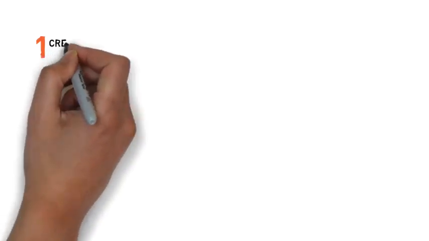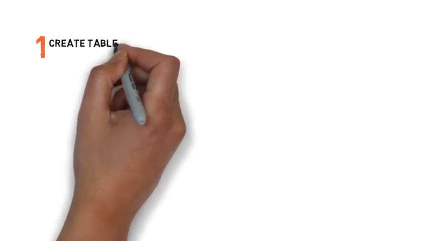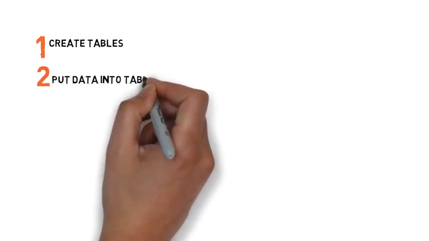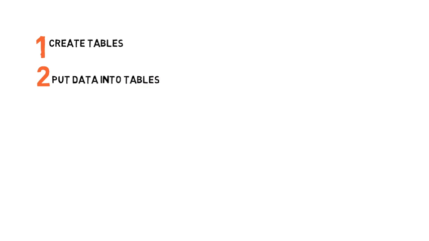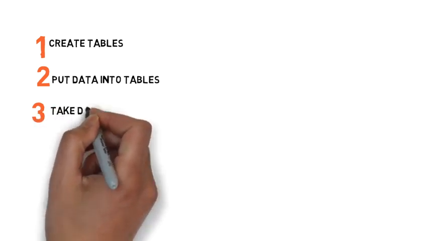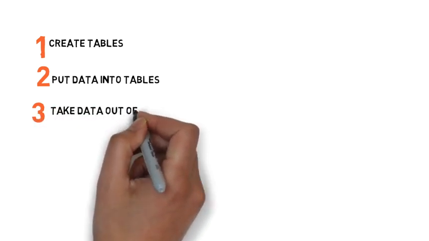Let's take a look at what are the things we can do with a database management system. The first is we can create tables. These are the tables we want to use to set up relationships. We can create them. They only become useful when you put data into tables. We want to use that data so we can take data out of tables.